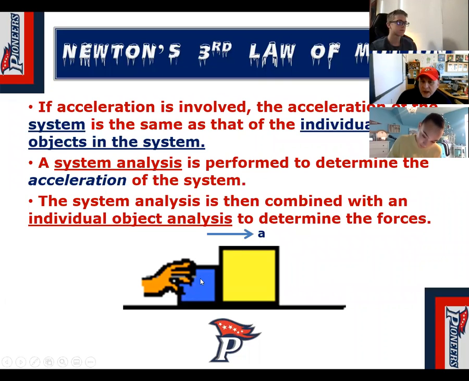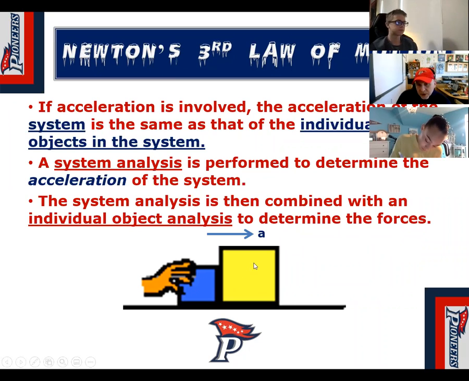The first case is where you have two boxes. Imagine you're in your garage and you've got some boxes or totes you have to move around, but you really don't want to move each one individually. So you push one into the other and then push both of them at the same time. This hand is pushing on the blue box to the right.